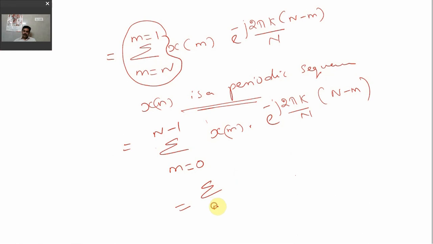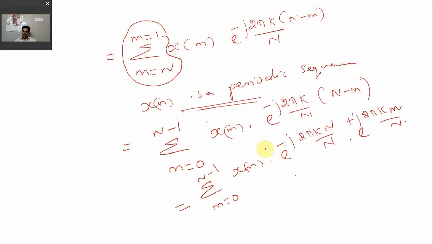So what you will be getting is the summation m equal to 0 to N minus 1 of x of m into e to the power minus j 2 pi k N divided by N into e to the power plus j 2 pi k m divided by N. Okay, so the value of the first exponential is 1. So what you'll be getting?